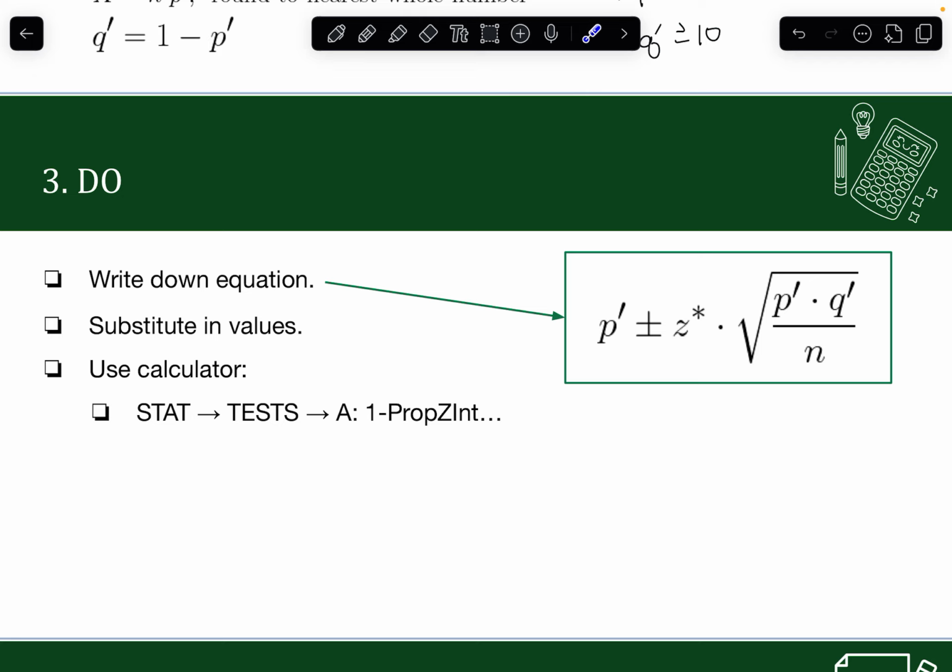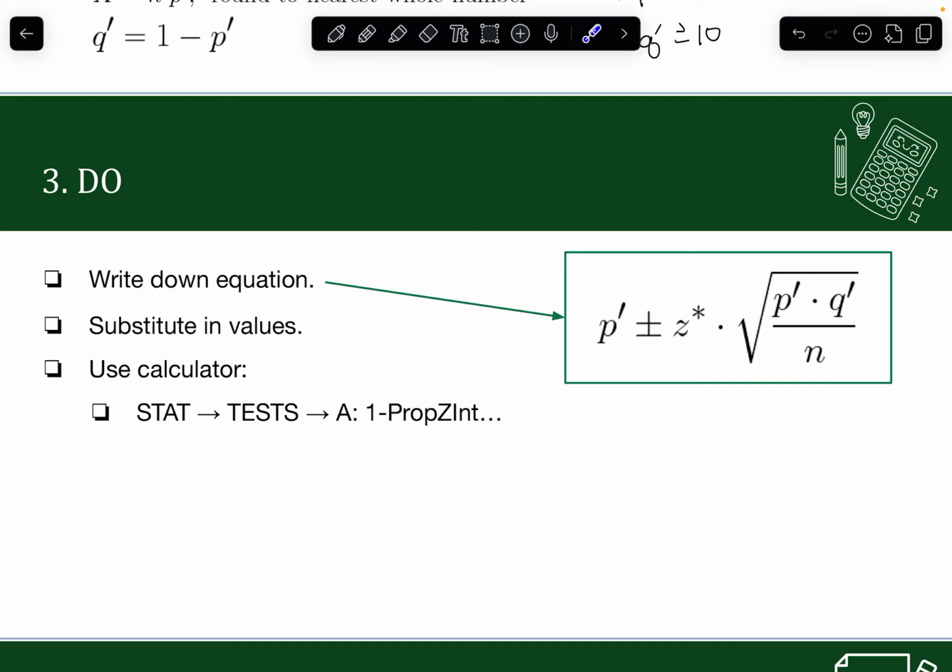For proportions, it is not z interval, it's 1 prop z int. And that's option A instead of option 7. So make sure that you're going to the right spot on the calculator, because if you try and use z interval, this information doesn't have prompts for most of it. So it won't fit well together.